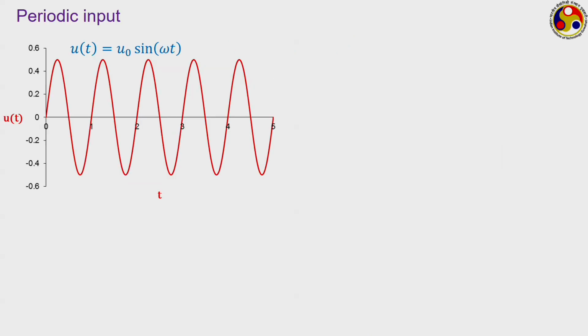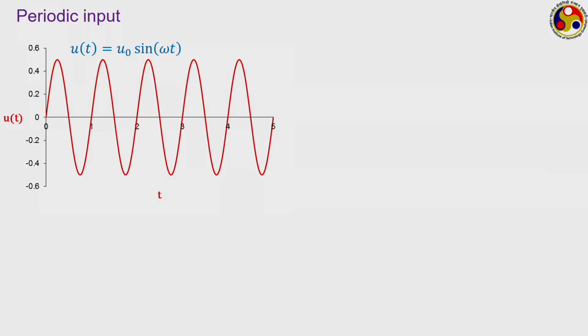Now, as we are talking about time variation, let us quickly talk about a few standard signals. Of course, your system may be subjected to very random time varying signals, but those are not possible to analyze, and that is why we restrict ourselves to very common time varying signals, and the most common one is a periodic input signal, like the one shown here, of the standard form u equal to u naught sin omega t.